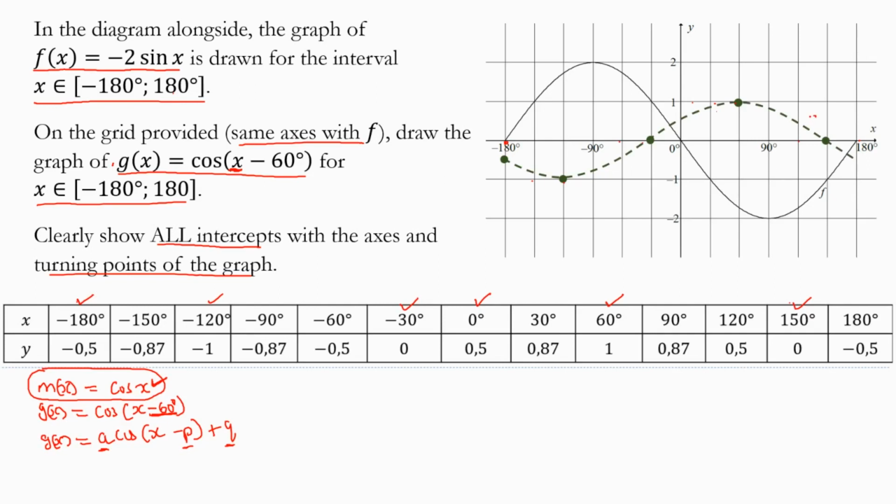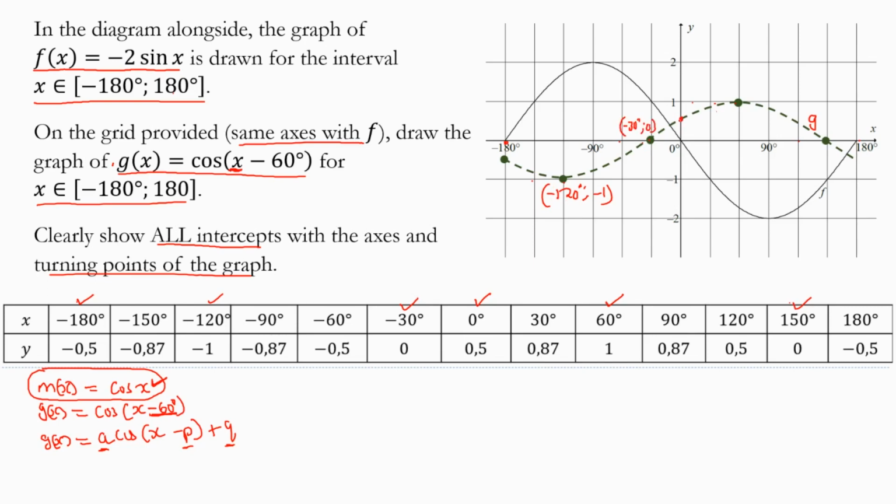We have used our calculator, and now we can write all intercepts with the axis and the turning point. Here, this is the turning point: -120 goes with -1. This is the x-intercept: -30 goes with 0.